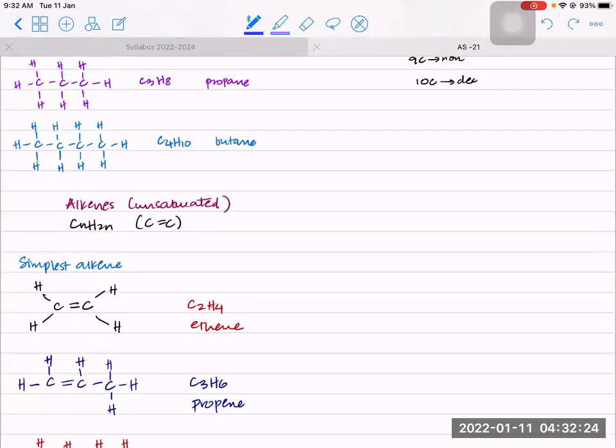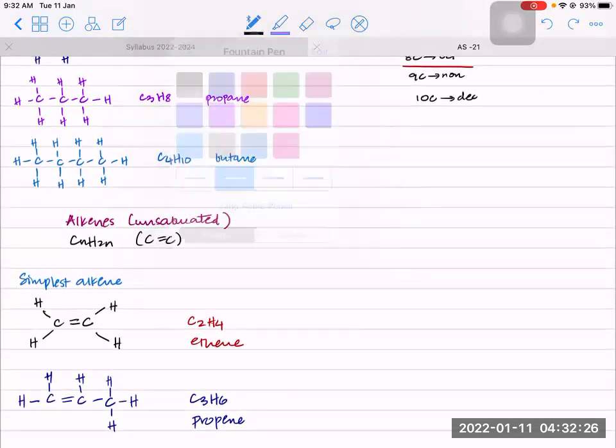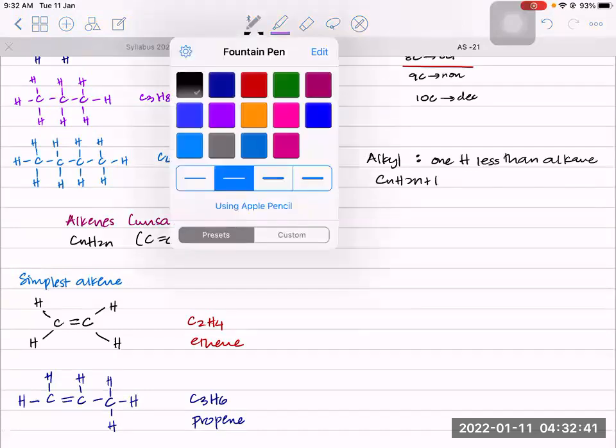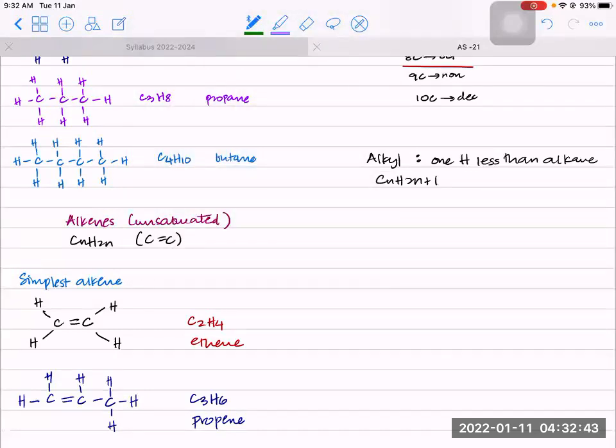Let's now see alkyl. What are alkyls? They have one hydrogen less than alkane. And the general formula is CnH2n plus 1. So let's see. We often call alkyls R groups.